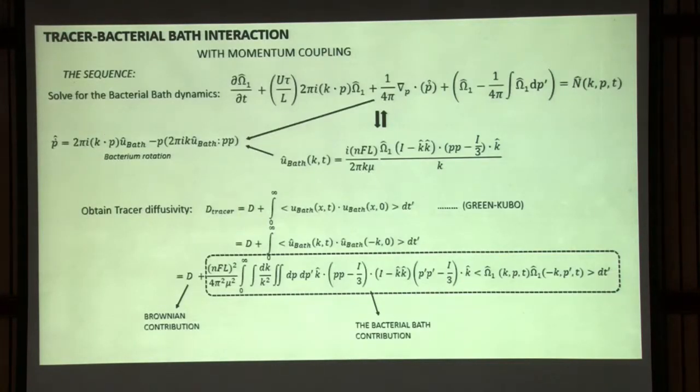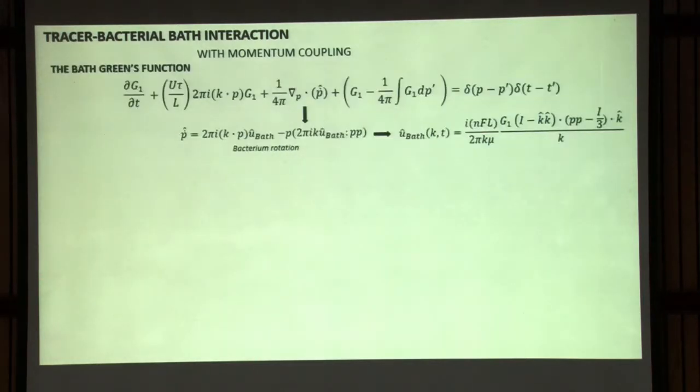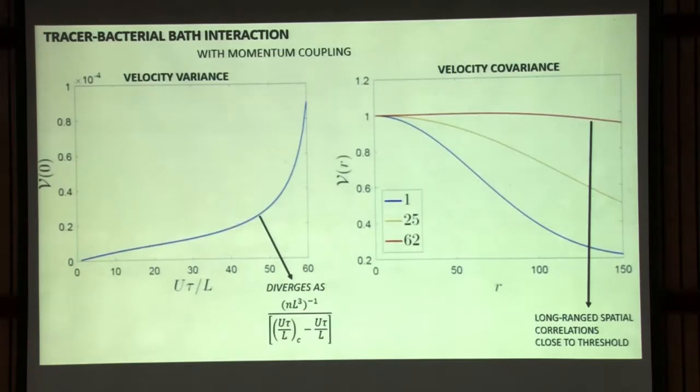So the idea again is the same. You have the bath dynamics and the Stokes equations, but now they are coupled. I solve for this, get omega 1 anyway, and then use the omega 1 in the same formula to calculate the tracer diffusivity and the velocity variance. When I do that, the velocity variance diverges as the inverse, 1 by phi minus phi c, if you think of phi as the volume fraction.